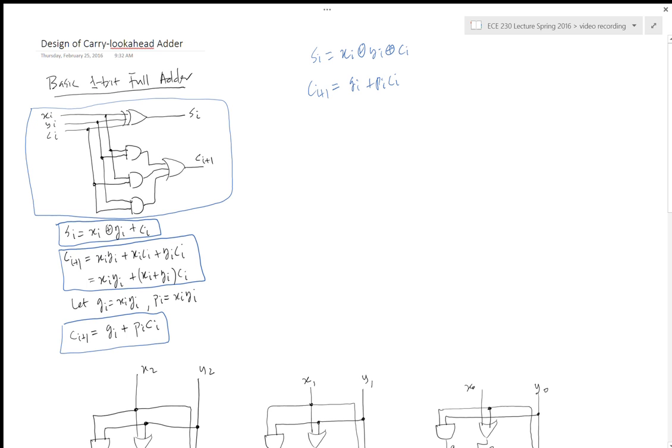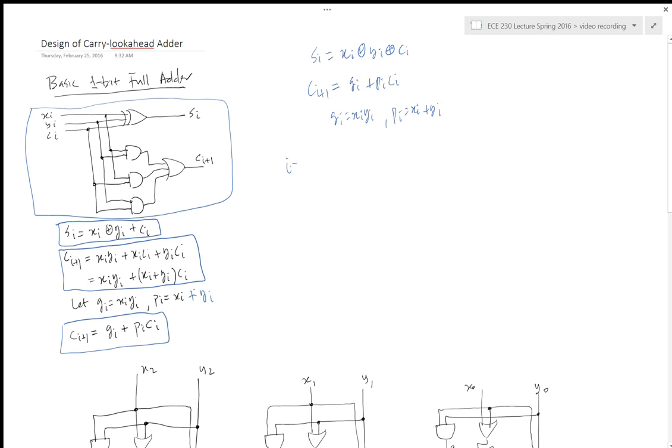Okay, and we know that Gi is Xi and Yi, and Pi is, oh, there's an error right here, Pi is Xi or Yi. So Gi is Xi Yi and Pi is Xi or Yi. Okay, so now we're just going to do 3 cases.